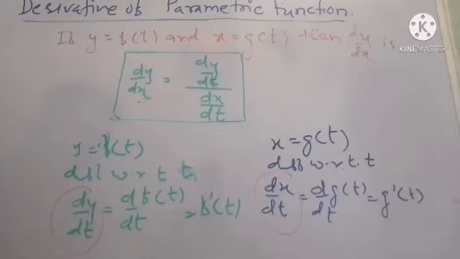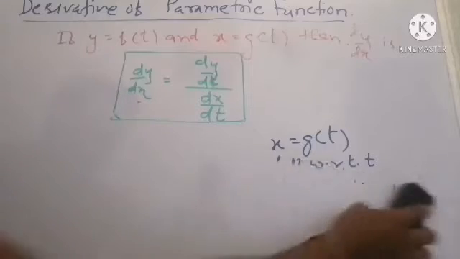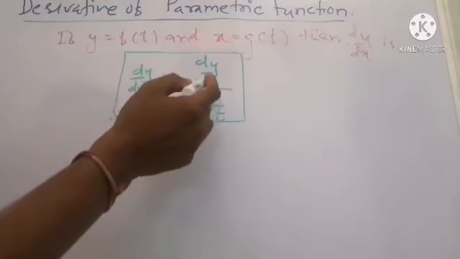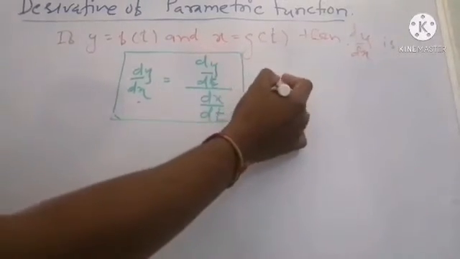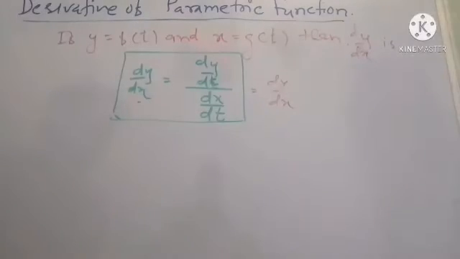See, this is a simple rule which defines dy by dx for a parametric function. On the right hand side, the numerator and denominator have the same term dt, which gets cancelled, so only dy by dx remains, which is on the left hand side.